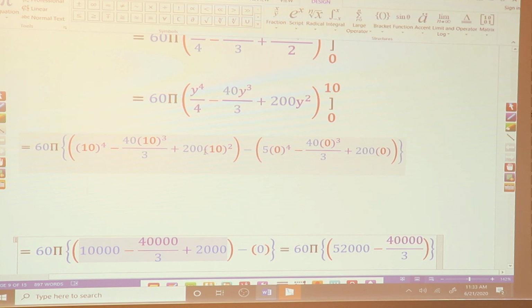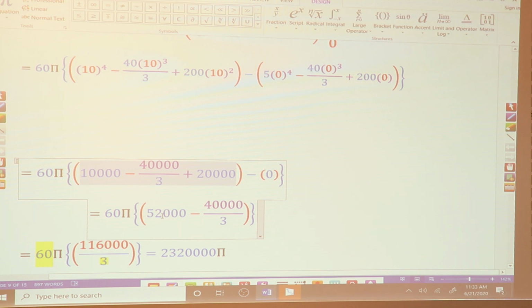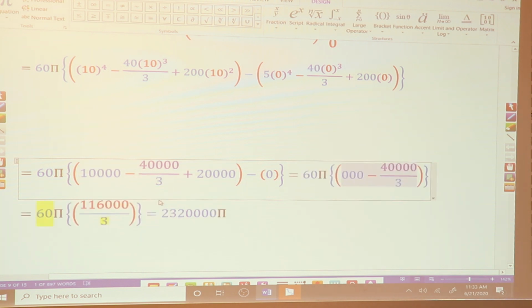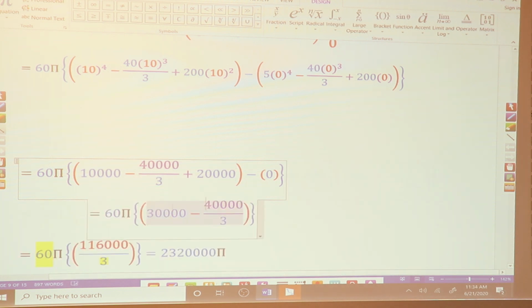And 100 times 200 is 20,000. You add this: 10,000 and 20,000 is 30,000, minus 4,000 over 3.